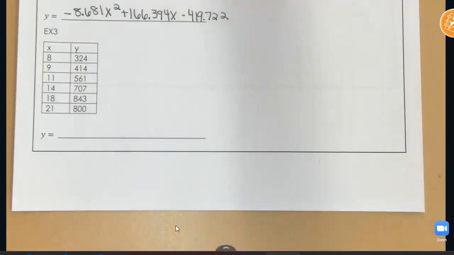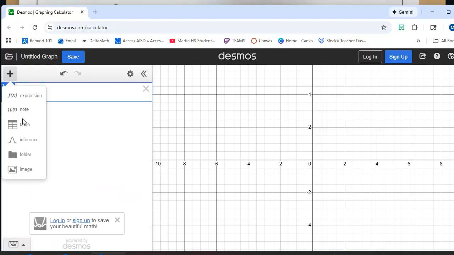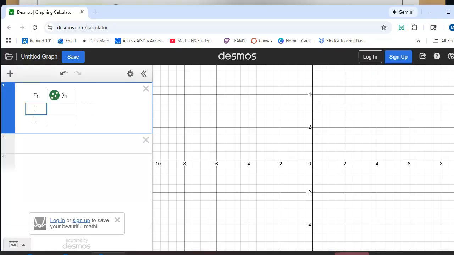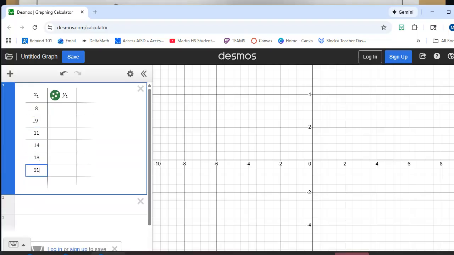We'll do one more for good measure. Back to Desmos. I'm going to clear that table and add a new one. And it's really important to put all of your values, not just some of them, so that you get an accurate regression.